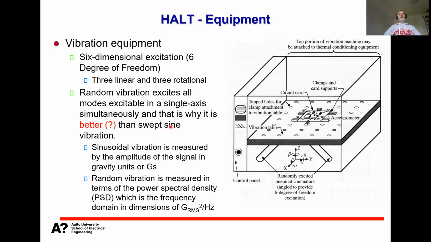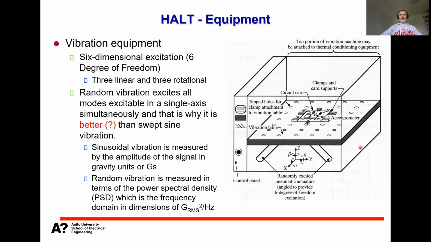Then about the vibration, this equipment, which is again produced by this HOPS company, they are offering you so-called 6 degrees of freedom by random vibration.